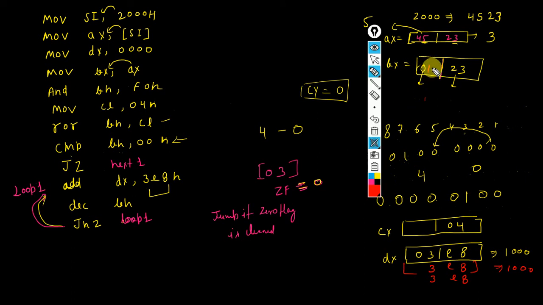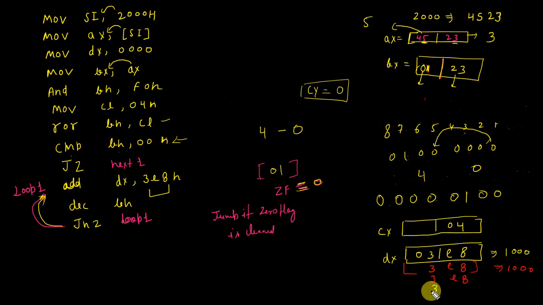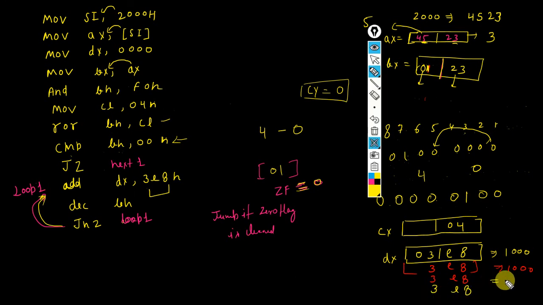Updated value is 1. And again JNZ, BH value is 01, so your zero flag indicates 0 again. Your pointer moves again to this loop label, and again add 3E8 in our DX register.